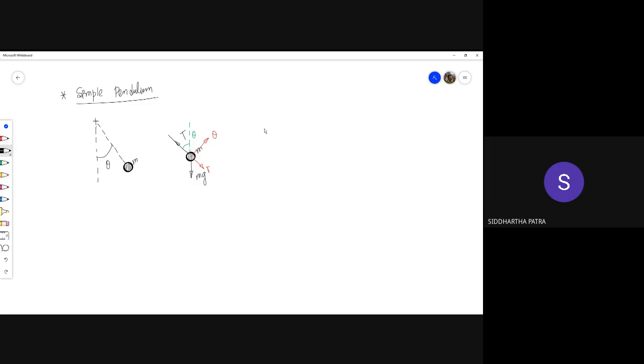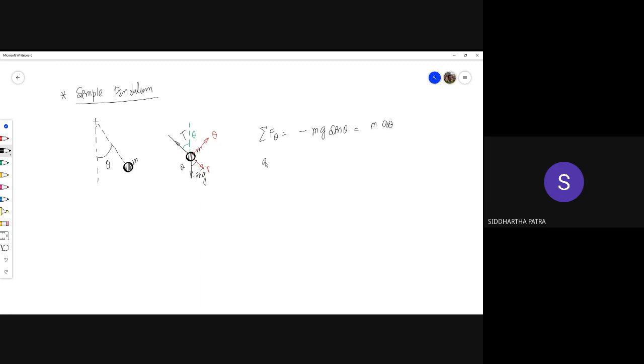So if we sum the forces in the theta direction, that would be minus mg sine theta. This angle is theta, this much is sine theta, and it is acting opposite to the theta direction, so minus mg sine theta, and that actually is mass times the acceleration in the theta direction.